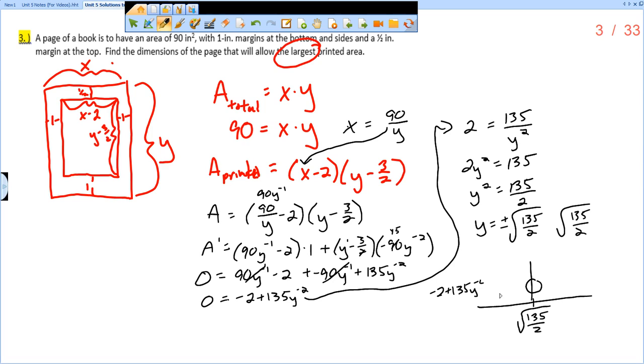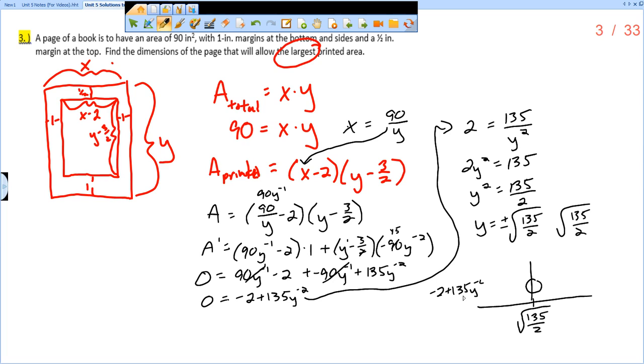Now we want to evaluate something on the right and the left. What if I plug in something to the left like 0? Well, 0 doesn't work, because you have 135 times y to the negative second, so that would be undefined. But what about 1? Is it clear that the square root of 135 over 2 is larger than 1?